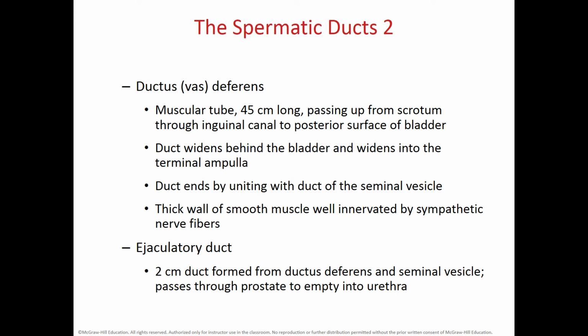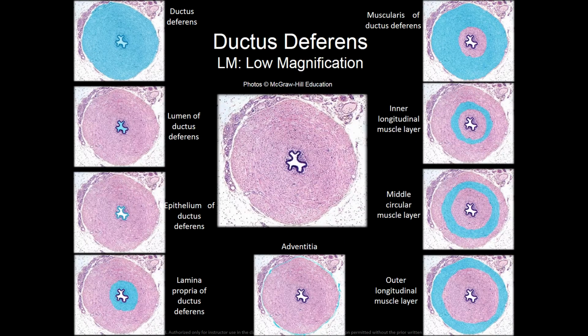And this ampulla of the ductus deferens is going to join the duct of the seminal vesicle, and they will form a small area that measures 2 centimeters in diameter that is called the ejaculatory duct. And then this ejaculatory duct will receive the fluid coming from the prostate gland and also the seminal vesicles.